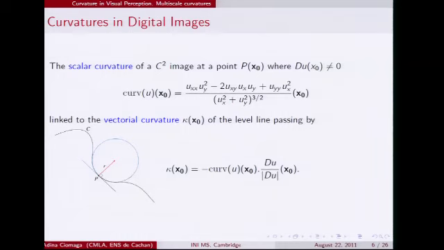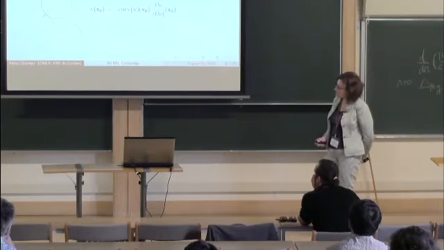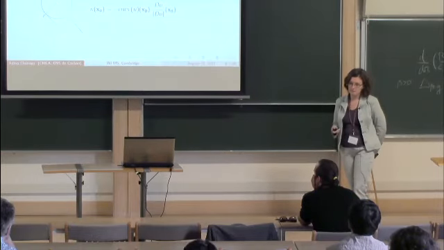And therefore, we would also have a vectorial curvature. And this vectorial curvature is linked to the scalar by this formula. So this relation suggests already that there are two different ways of computing curvatures, either as a 2D differential operator, like this, or as a 1D differential operator associated to the level line itself.